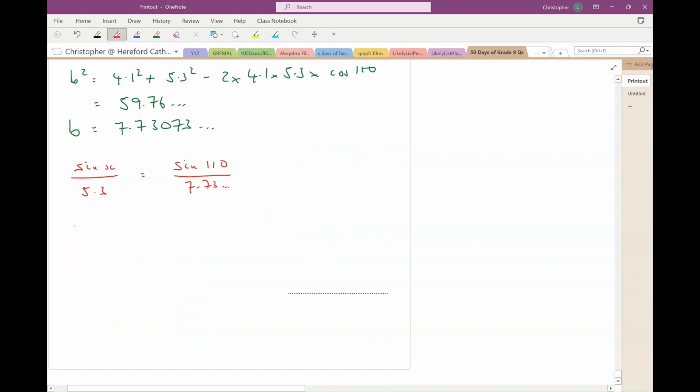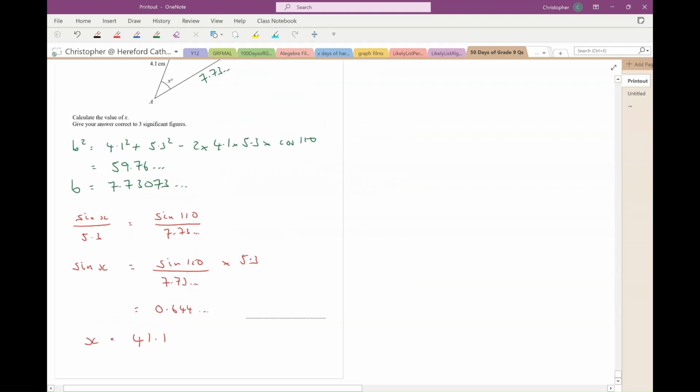So that means that sine of x is going to be sine of 110 over 7.73 and so on times 5.3. So I can get the sine of x on my calculator. That's about 0.644 and so on. Shift sin equals, and I find that x to three significant figures is 41.1. And that is question 50 finished.